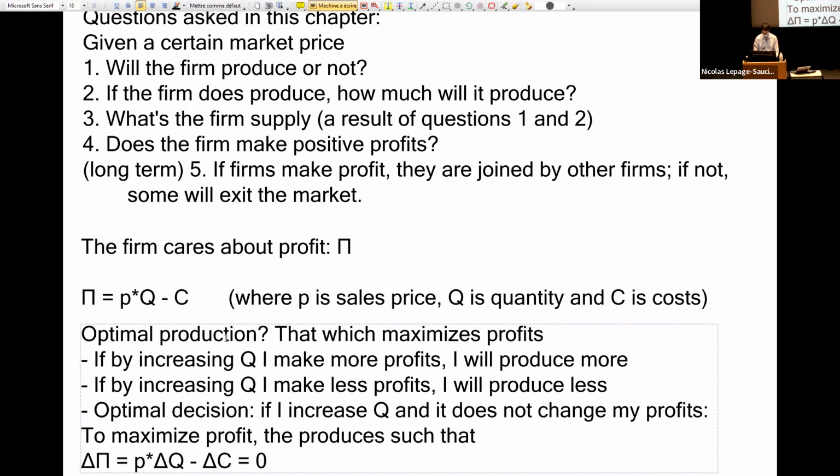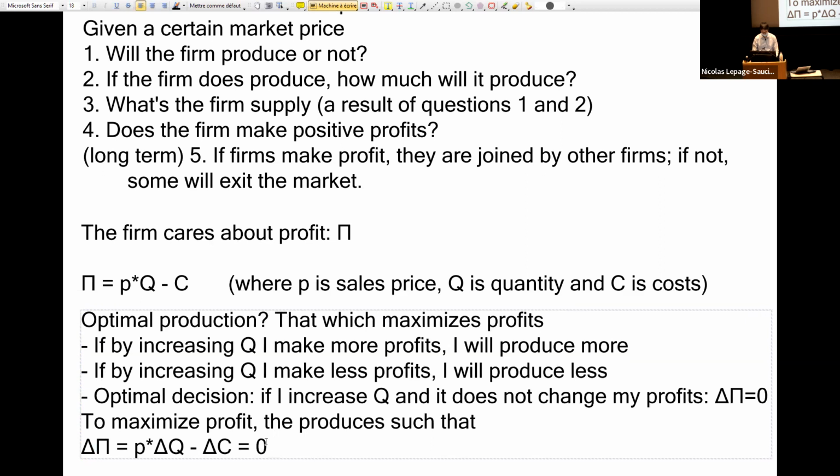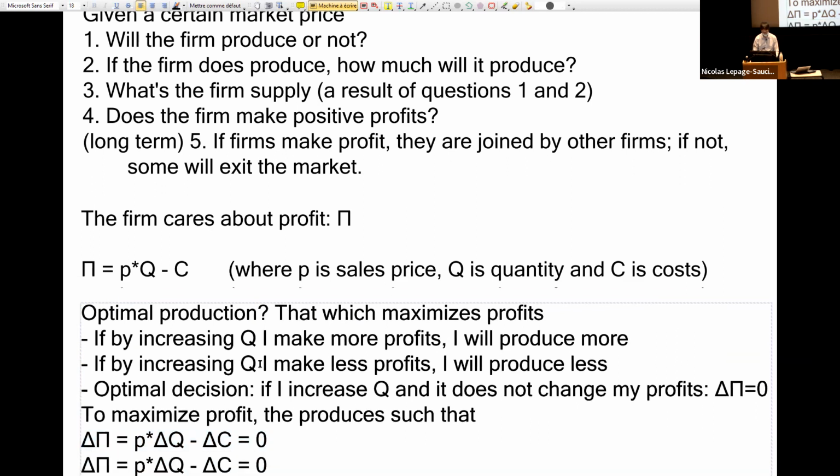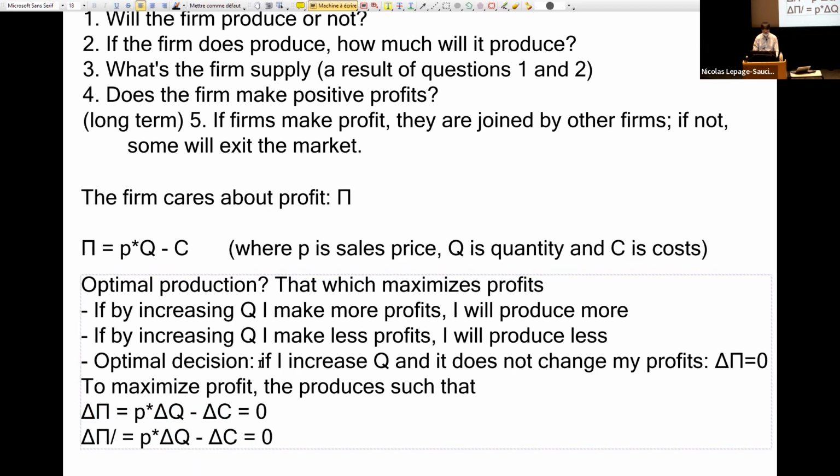So that's delta Q equals 0, delta profit equals 0. And we usually express it as delta profit divided by delta Q. So another way of putting this is delta profit divided by delta Q. This I get delta Q divided by delta Q, so that's 1, minus delta C divided by delta Q equals 0.